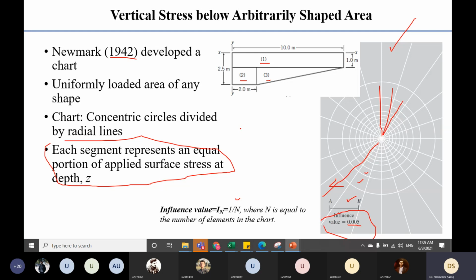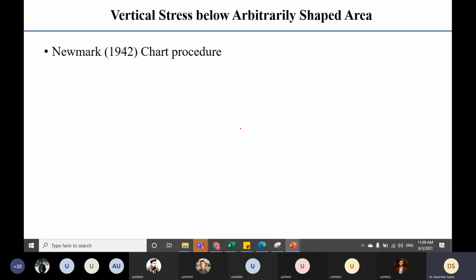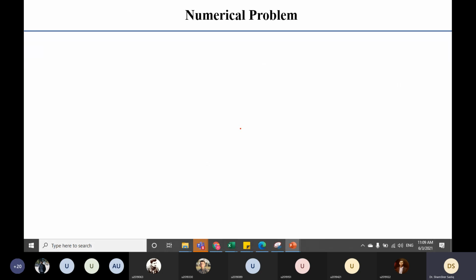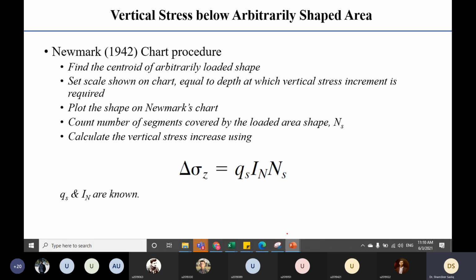to calculate the added vertical stress component below a uniformly loaded arbitrary shape. This procedure will be clearer when I solve a problem, but this is the equation. This is the magnitude of the added vertical stress at any depth Z. Qs is the intensity. I subscript n is the influence value of the chart, which will be provided on the chart.